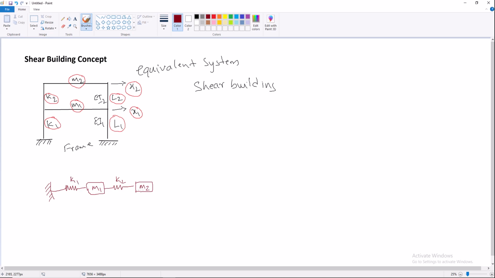The mass M2 and K2, and mass M1 and K1, means the stiffness is shown like a spring, and displacements with respect to M2 and M1 are seen. For M2 it is x2 and for M1 it is x1. So which we can write as the equivalent system.